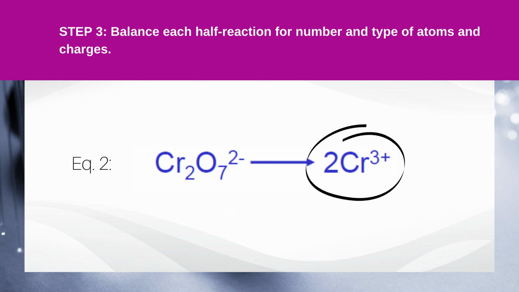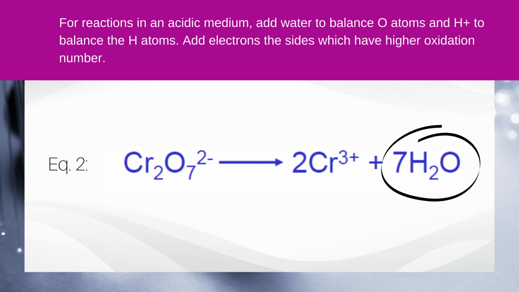Next, we balance the oxygen. To balance the oxygens, we add H2O to the side which has less oxygen. At the left side we have 7 oxygen.